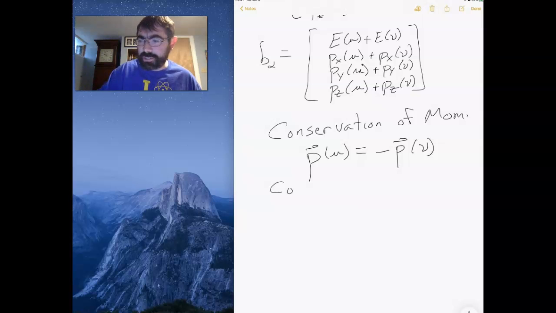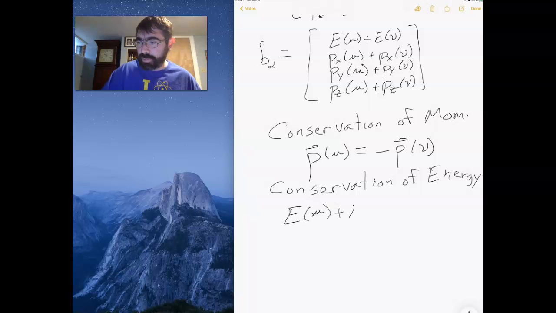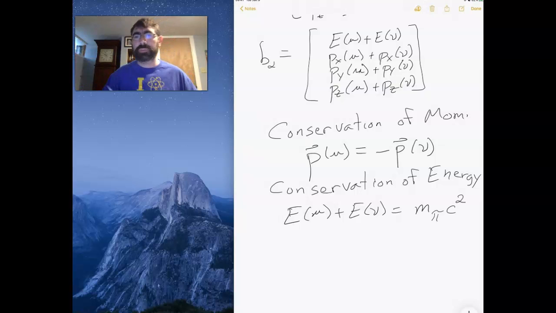Conservation of energy says that the total energy of the muon plus the total energy of the neutrino is going to be equal to the total energy of the initial pion, which is just mc squared.